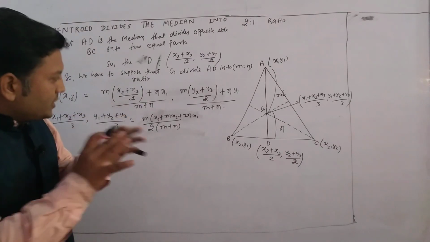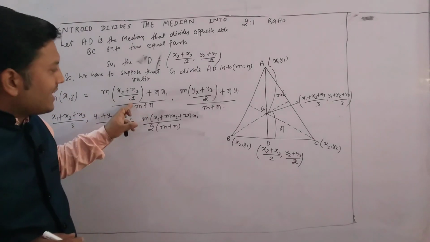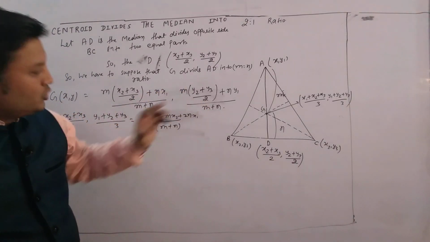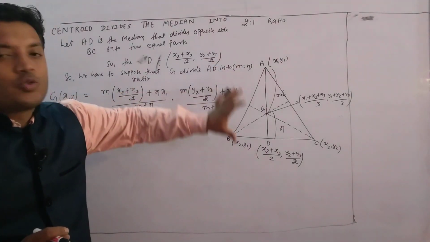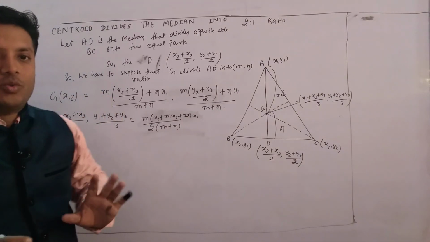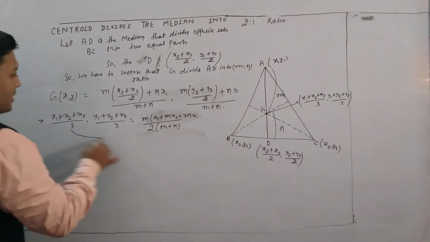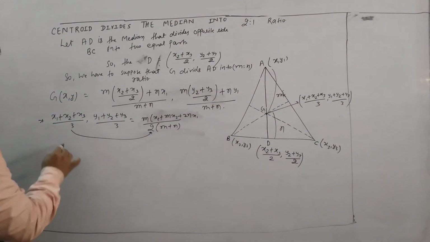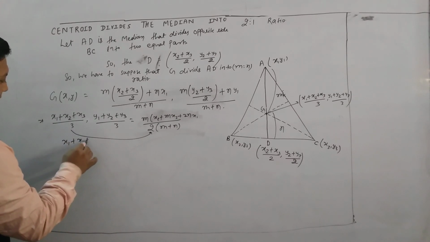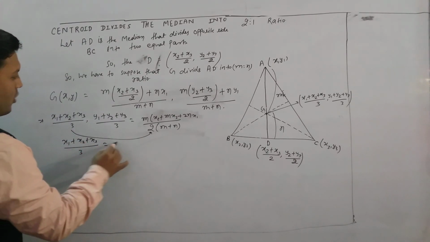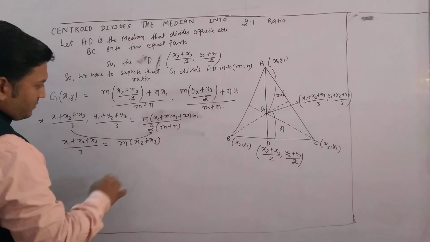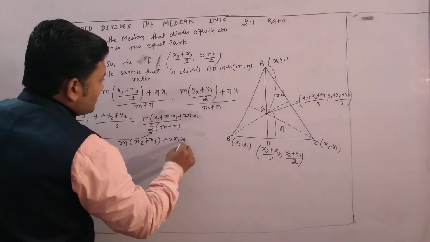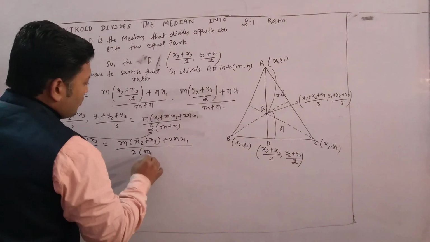We can choose either x coordinate or y coordinate. So we choose x coordinate first, and we have to prove m is to n is equal to 2:1 ratio. So x1 plus x2 plus x3 by 3 equal to m x2 plus x3 plus 2n x1 by 2 into m plus n.